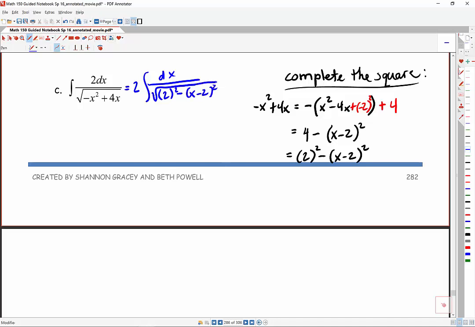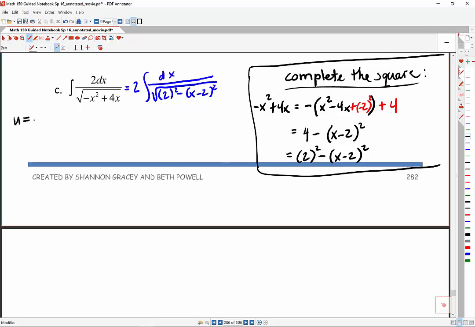And that seems to be good. It'll have an inverse sine result, right? So our u will be x minus 2, du dx will be 1, so dx is equal to du, and our a is equal to 2.